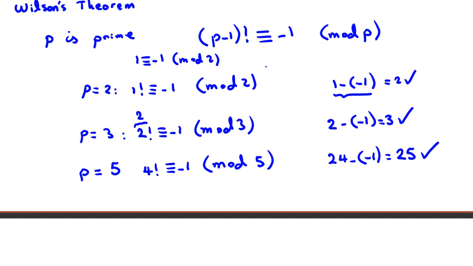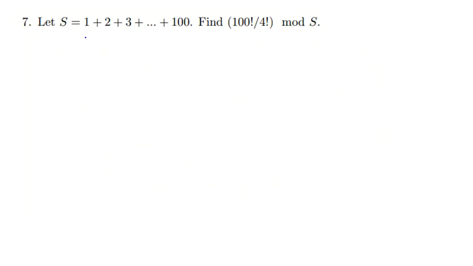So let's solve. Now we are ready to solve the problem. The problem says let S equal 1 plus 2 plus 3 up to 100. There are around 5 or 6 important identities that you should memorize. One of them, the easiest one, is this: the sum from 1 to n is n times n plus 1 over 2.